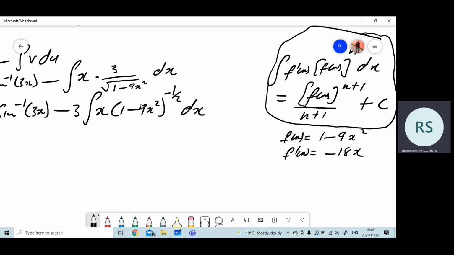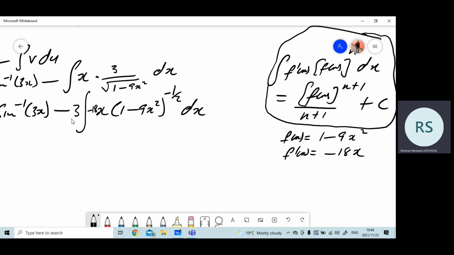So the derivative of this is minus 18x. I need minus 18x here. I'm short with minus 18, which is a constant. That's what I'm saying. It's a constant. We can introduce minus 18 here, okay? Let's introduce minus 18 here.